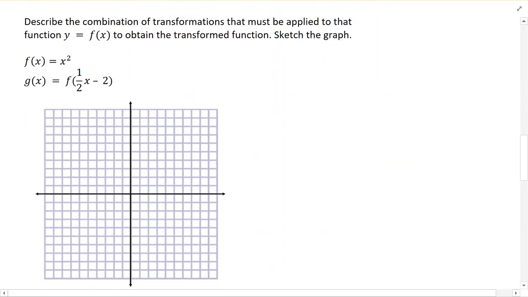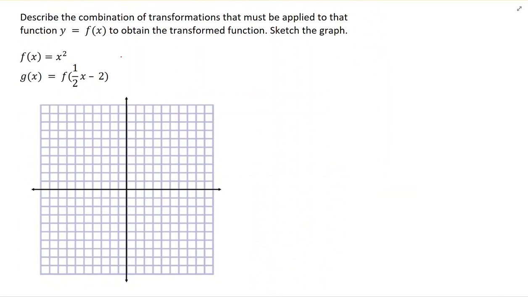Okay. So here we have another graph. Again, our base function is going to be a parabola, but our transformed function has different transformations this time. Now, before we start, here is something I mentioned before. We need to factor.